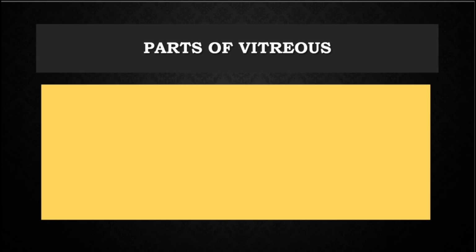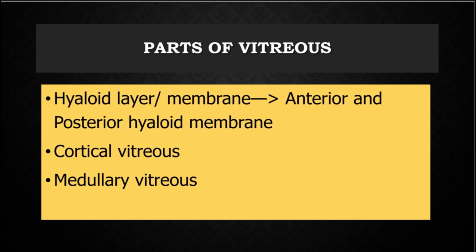So that is important. Now, apart from that, there are various parts into which the vitreous can be divided. We have the hyaloid layer, also known as the membrane, and based on the location or the part of the vitreous we're talking about, you have the anterior and the posterior hyaloid membrane. Inner to that we have the cortical vitreous, and inside of the cortical vitreous we have the medullary vitreous.